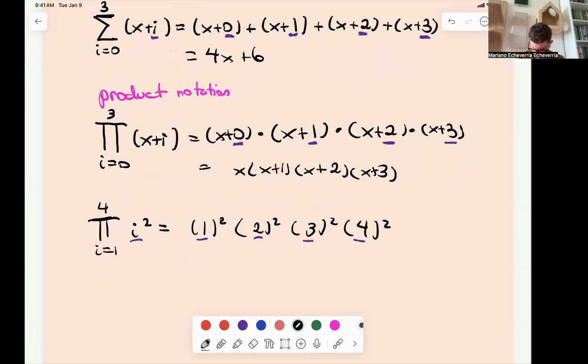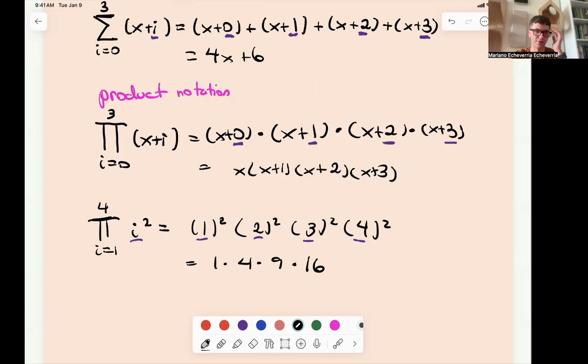And so that gives you what? 1 times 4 times 9 times 16, right? And I even have to do this myself, so what does that give you? It gives you 4 times 9 times 16.